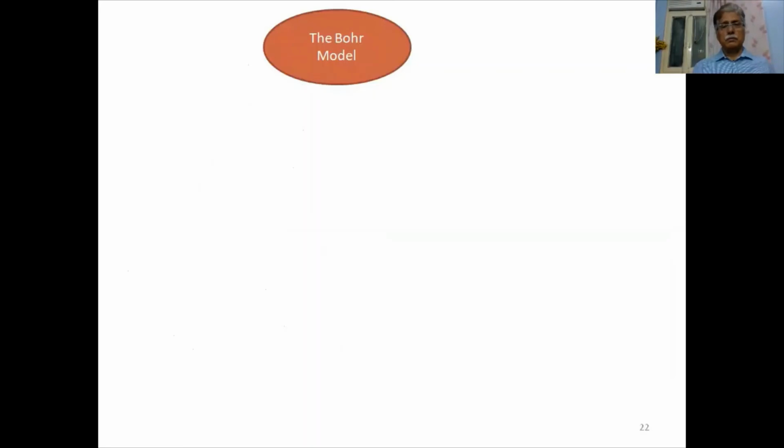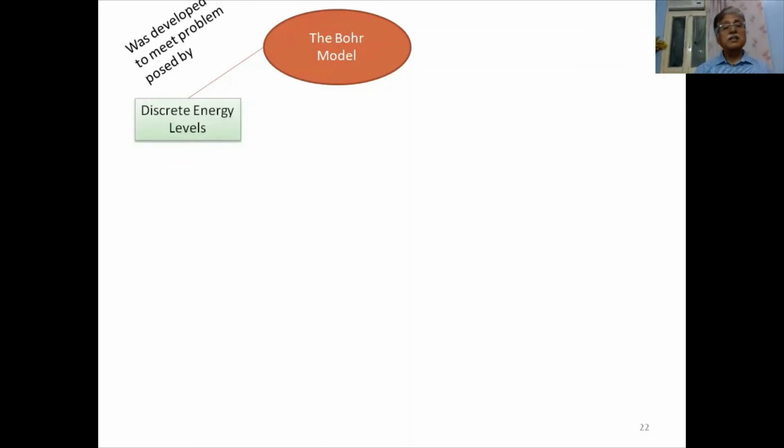Now let us review whatever we have seen in a nutshell. What can we say about it? The Bohr model, what did it do? The Bohr model was developed to meet the problem posed by discrete energy levels.